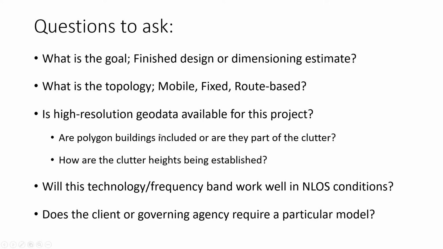How those buildings are represented becomes very important to how we want to set up our model settings and think about building losses. And finally, how are the clutter heights being established within either the clutter database or the building database? Do we have explicit clutter heights for every location, or am I looking again at generalized categories like residential or dense urban, which are just going to have an average height associated?